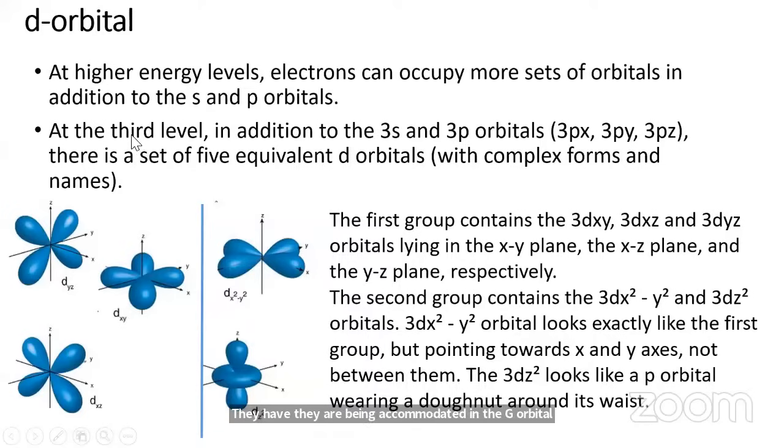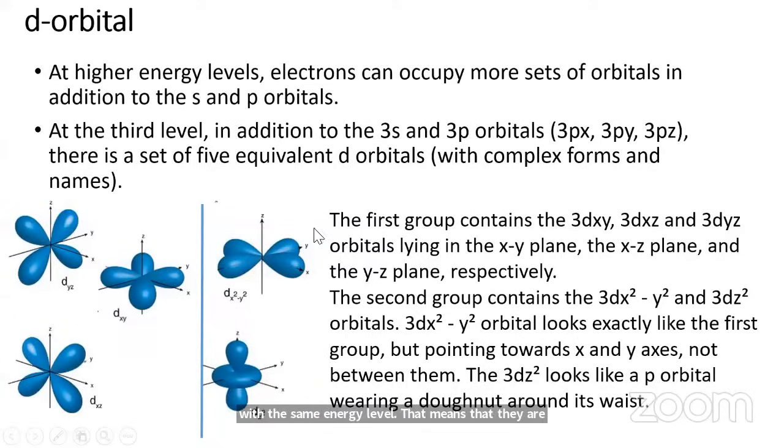At the third energy level, in addition to the 3s and 3p, we have the 3d orbitals. If we go back to the first scheme that we looked at, we notice that we have 5 equivalent d orbitals. These five d orbitals have the same energy level, which means they are equivalent, just like the 3p orbitals.